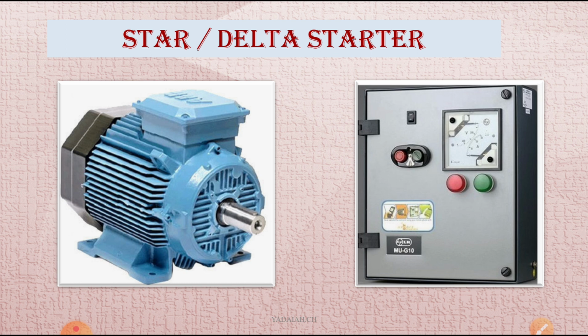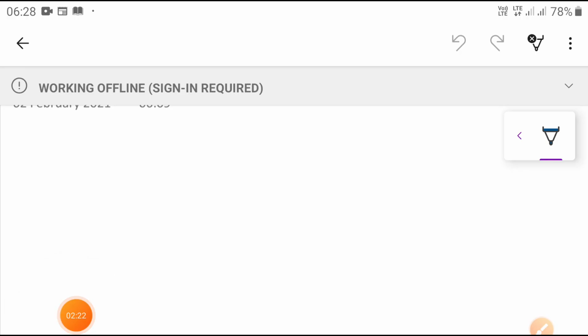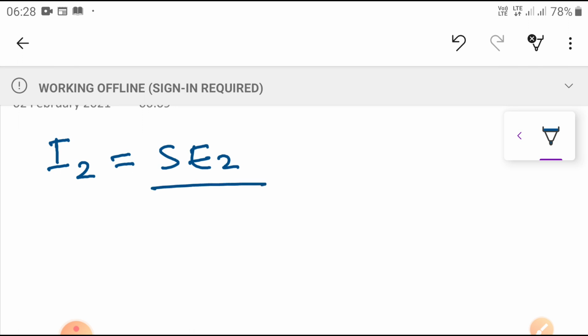Initially, the slip is equal to 1 at standstill condition, and the rotor current I2 is a high value. Here, I2 is equal to S E2 divided by the square root of R2 squared plus (S X2) squared.